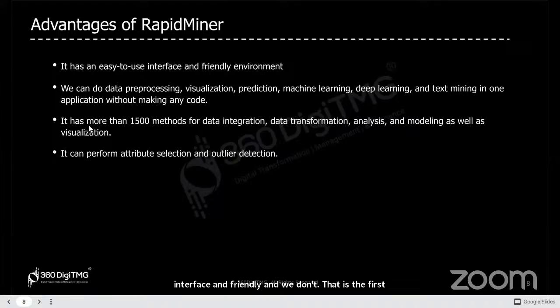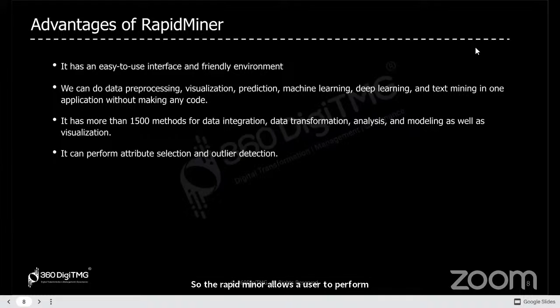Now, what is the second one? We can do data pre-processing, visualization, prediction, machine learning, deep learning, and text mining in one application without writing any code. As we have seen, without coding, we have different functionalities present by using RapidMiner. So RapidMiner allows a user to perform different tasks.